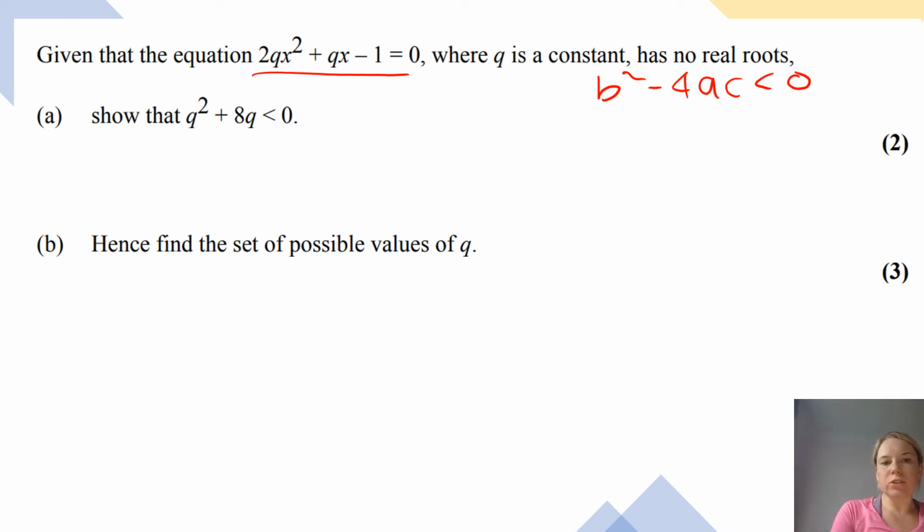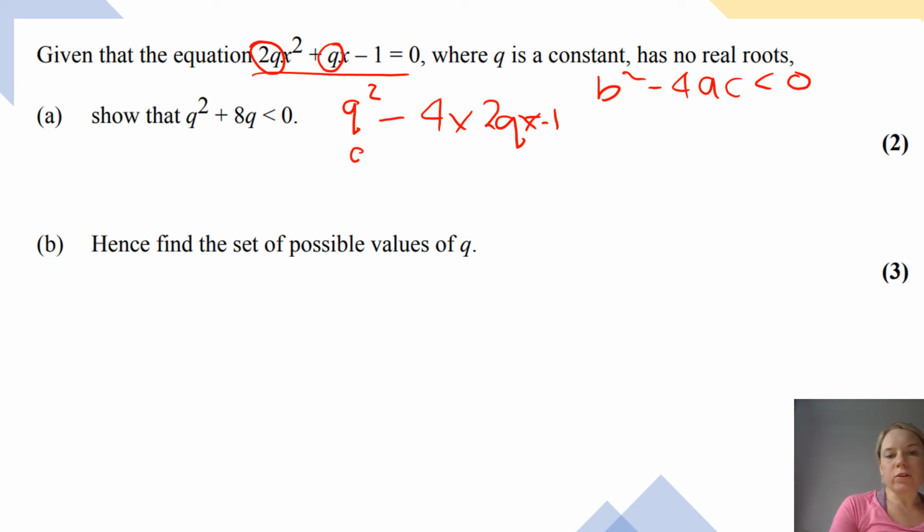Okay, so if I substitute in my q as my b, because as you can see, q is my b value, so q squared, minus 4ac, so minus 4 times a, which is 2q. You're going to basically pick out the bits that aren't the x's. And my c is, I'm timesing it by minus 1.